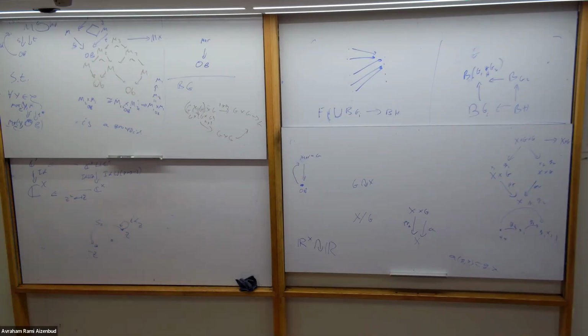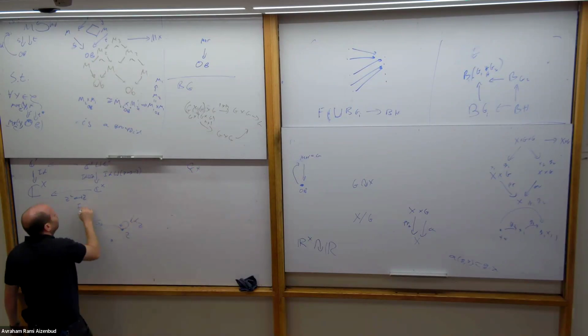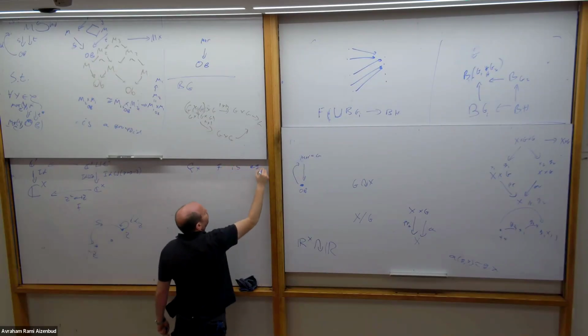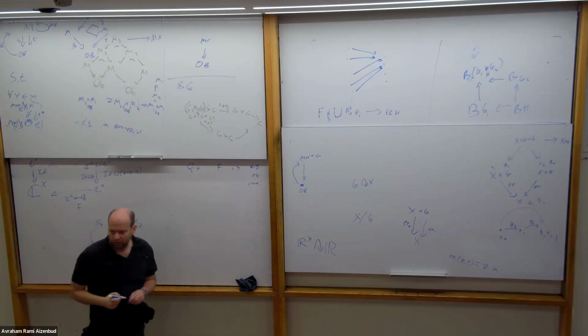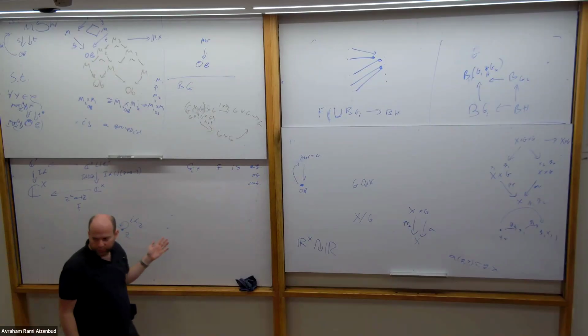Very easy exercise. F is an equivalence of abstract groupoids, not topological groupoids.